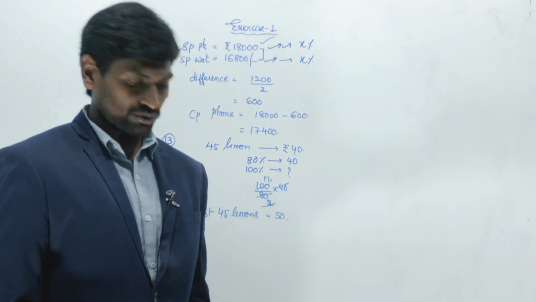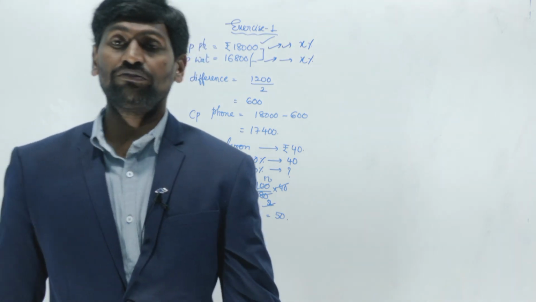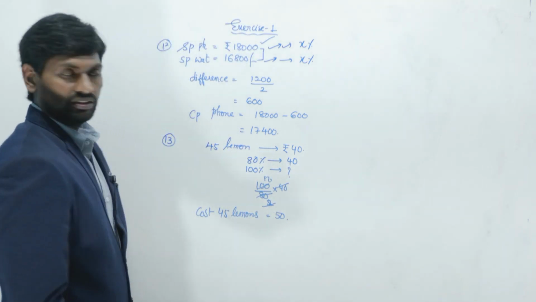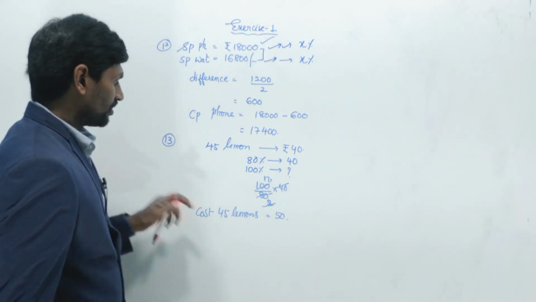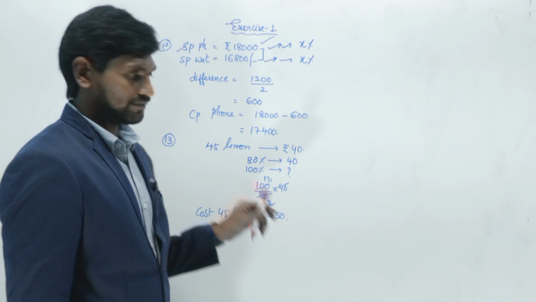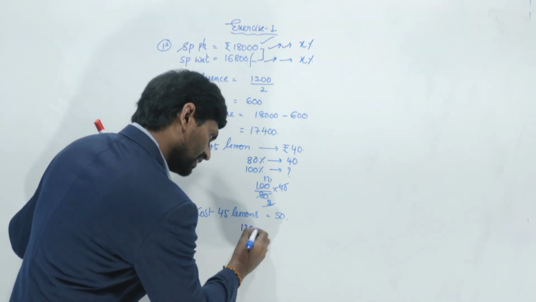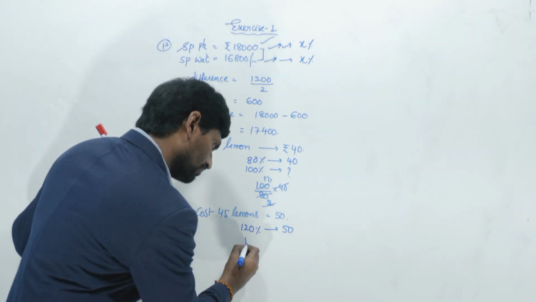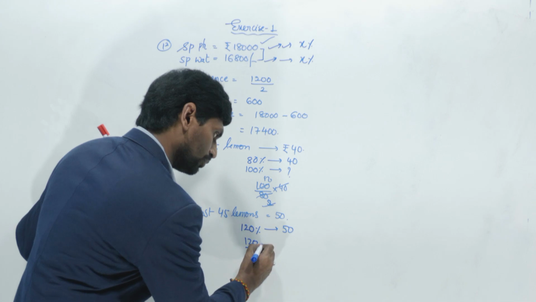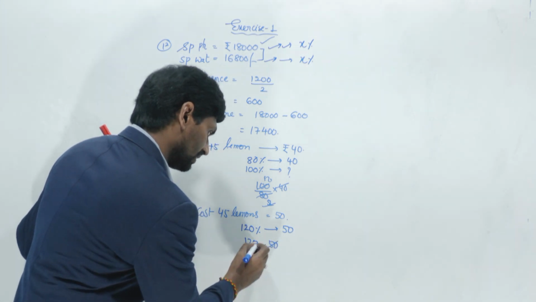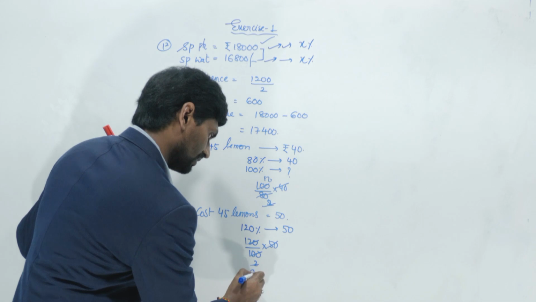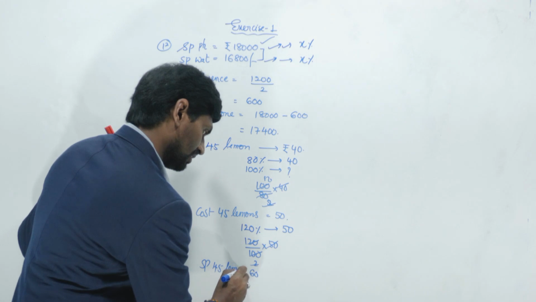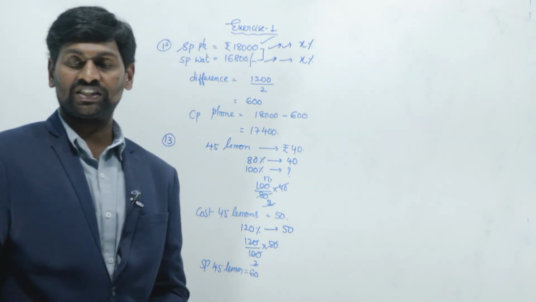So for getting 20% profit, let us find 120% of this 50 rupees. 120% means 120 by 100 into 50, that is nothing but 60 rupees. That means if he sells the lemons for 60 rupees, he will get a 20% profit.